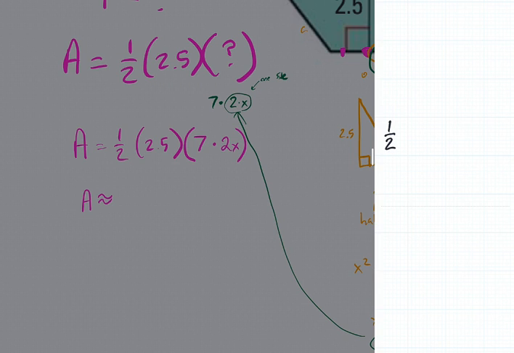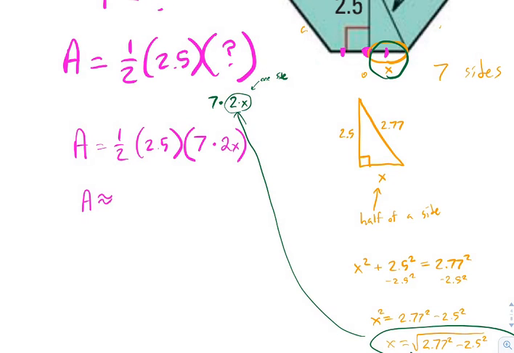So 1/2 times 2.5 times 7 times 2 is 14 times 1.192, and this is what I end up getting. So we end up getting 20.86, so around 20.86, just the approximate value.